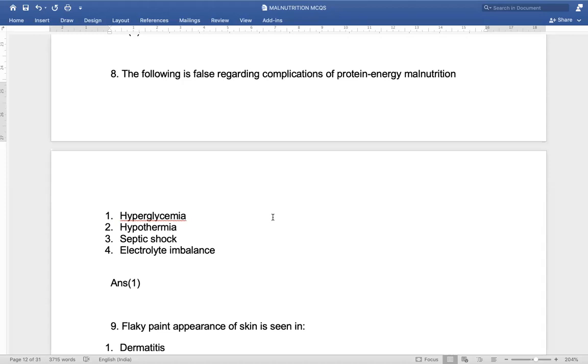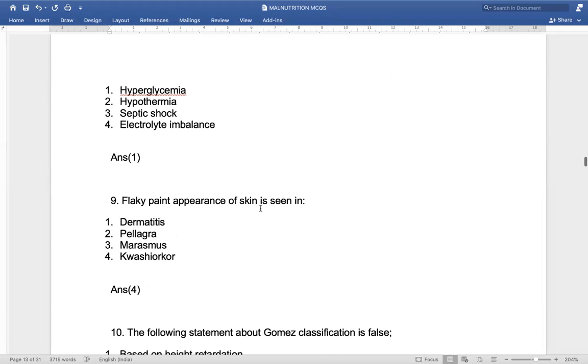I for infections. EL is electrolytes, and D for dehydration. So these are the 5 complications of protein energy malnutrition or severe acute malnutrition during the initial stabilization phase. So you have to look for 5 things: SHIELD. So flaky paint appearance is seen in kwashiorkor again.